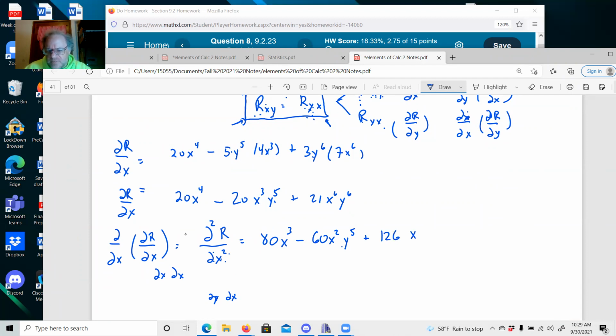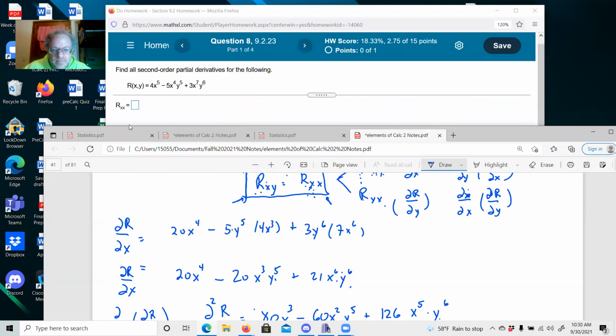This is x to the fifth, as the 6 comes down, leave y alone because it's a constant, y to the sixth. If there was a plus here, there'd be 0, but if it's times, we just multiply it through. And that is our second derivative of r with respect to x. So what do we have here?